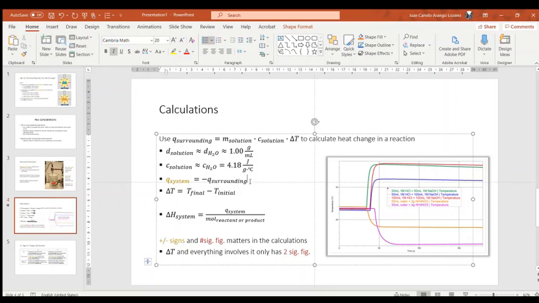Because of thermodynamics. So if you are losing energy from your system or gaining it, that means your surroundings need to be gaining it or losing it, depending on the circumstances. Okay, keep that in mind.